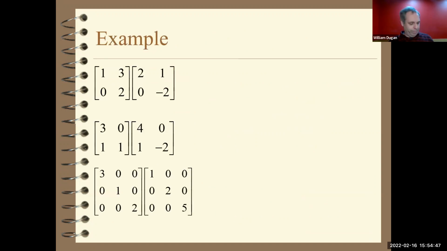So as an example, notice that the first matrix is upper triangular. The second matrix is upper triangular. So the result is going to be upper triangular. Right away, this is going to be zero. But the entries on the main diagonal for the product are found by taking the corresponding entries on the main diagonal of the two factors and multiplying them together.